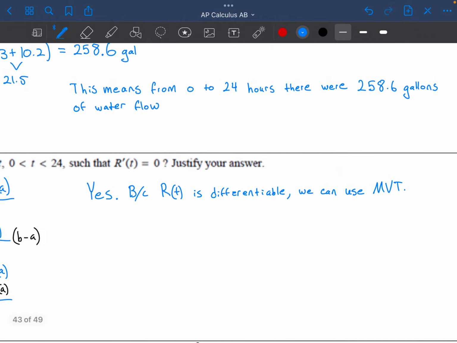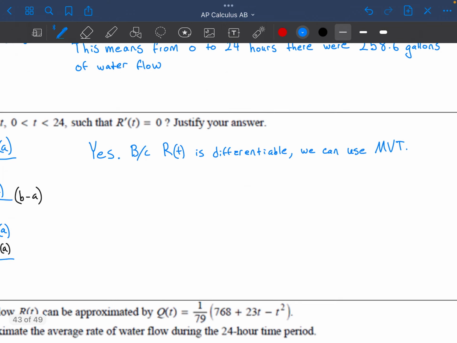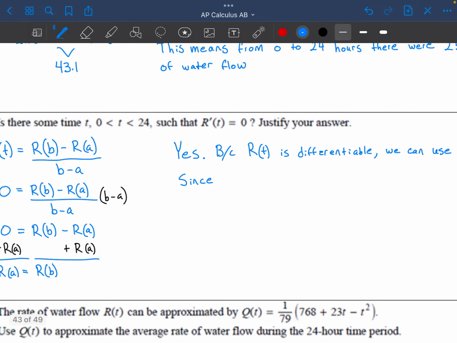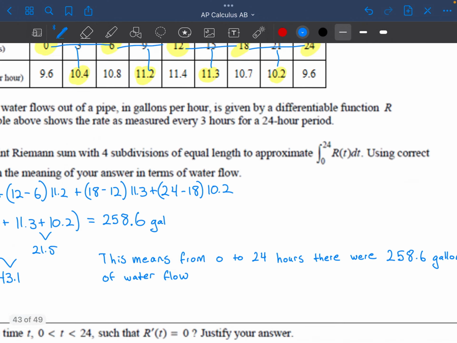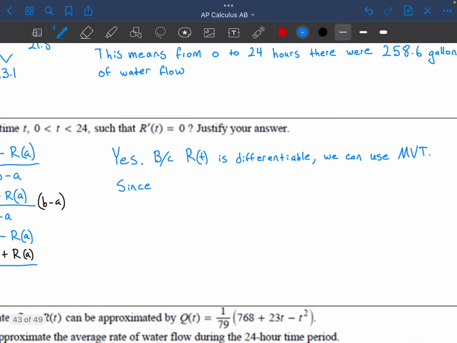So now that we can use mean value theorem, now I'm going to say since, and then the thing that we discovered is R of what two values? R of 0 and R of 24.